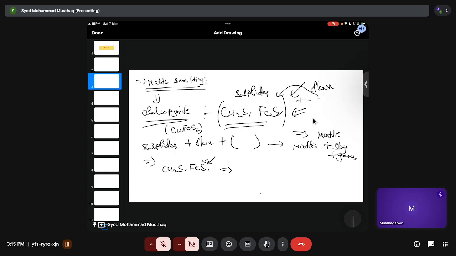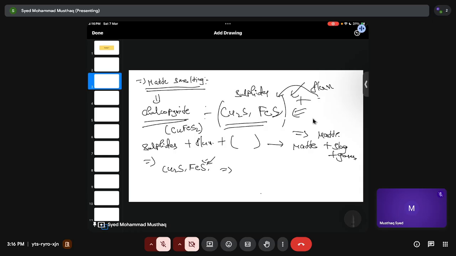Conventional slags, we have seen, can easily pick up oxides, right? So that's what we are trying to do. We are partially roasting this material. Okay, it's not like we are doing complete roasting, we are partially roasting.